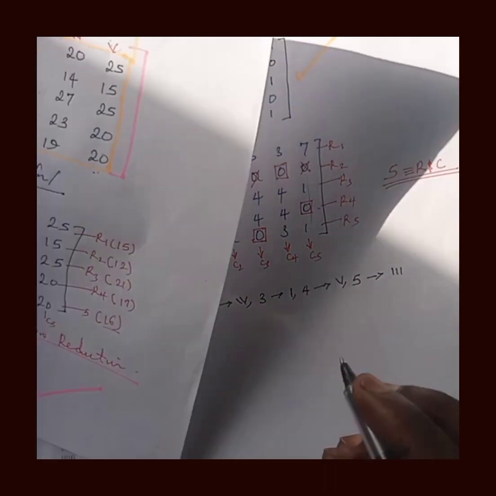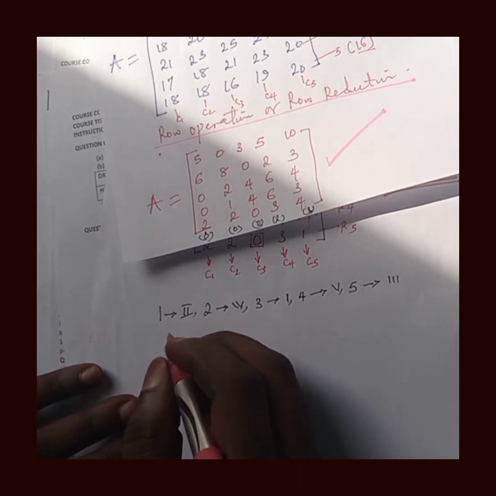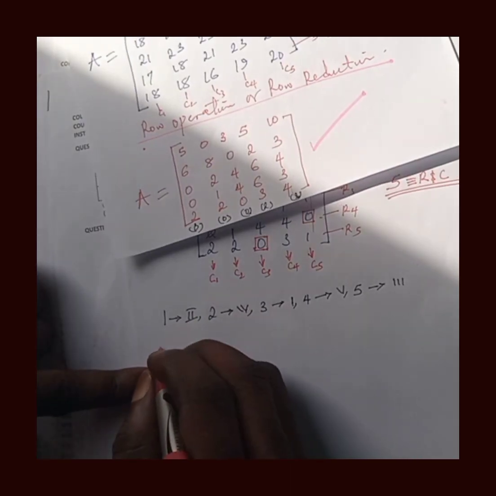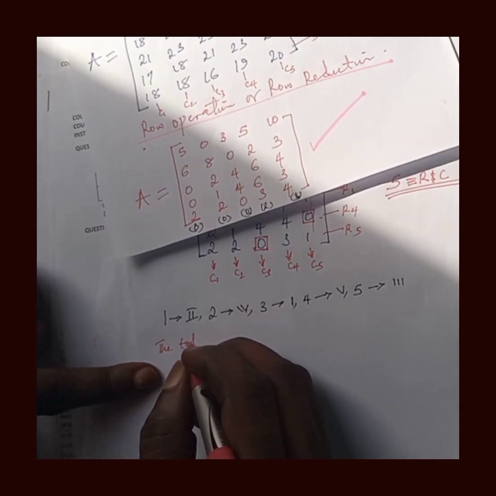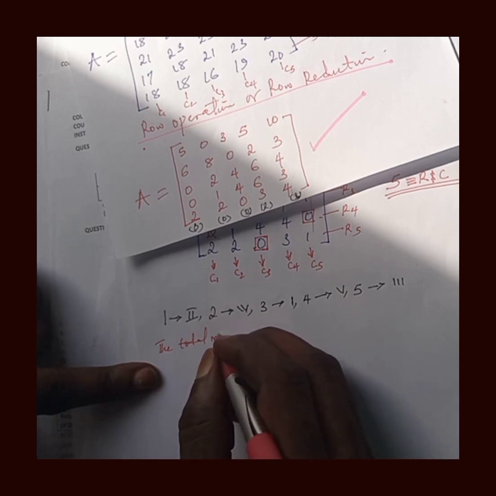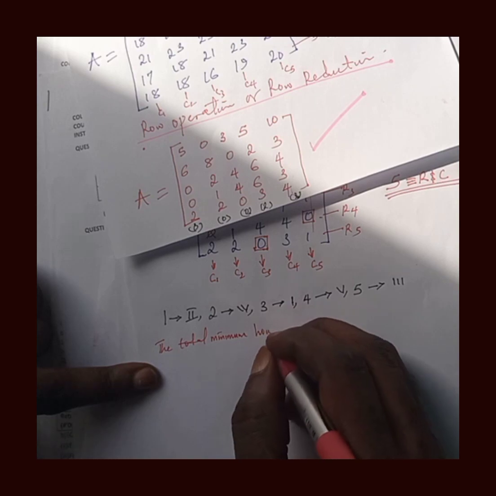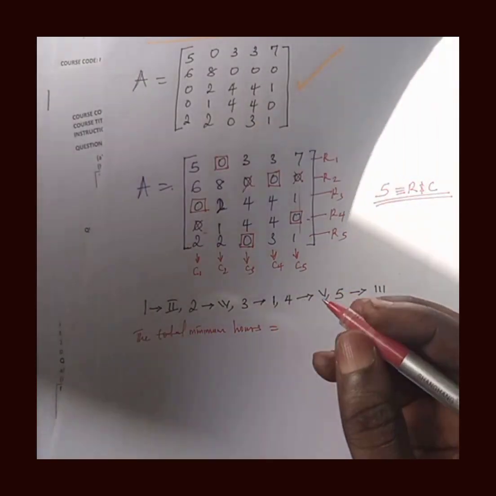So now our required task is the total time for the processing. So the total minimum time required in hours will be equal to, so we now add.